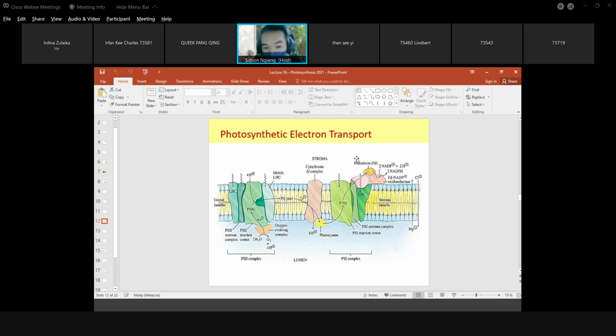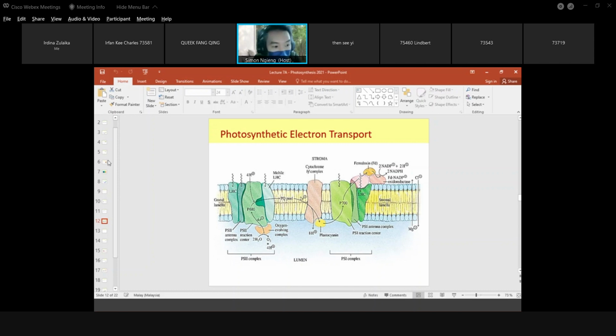This one is the stroma, the outside part of your chloroplast. This is the thylakoid membrane. If you imagine this yellow, this one will be the membrane of your chloroplast. So this is the thylakoid membrane, and this side is the lumen.